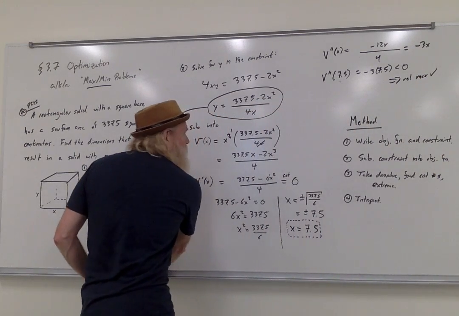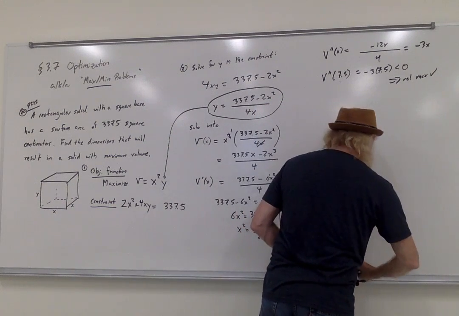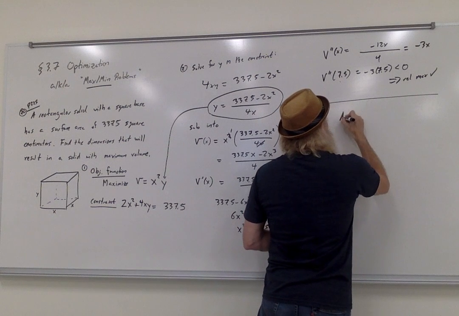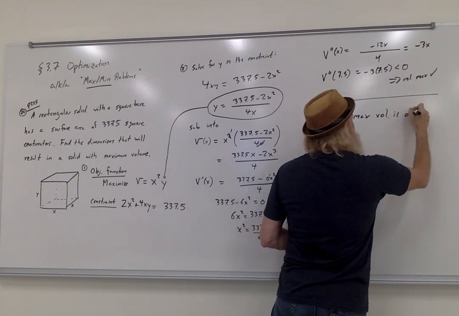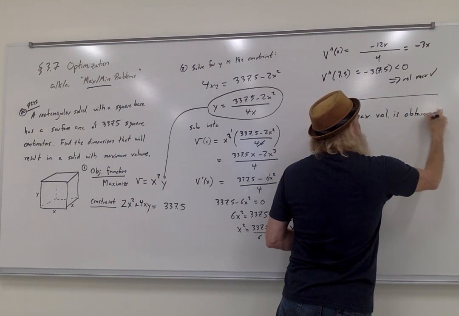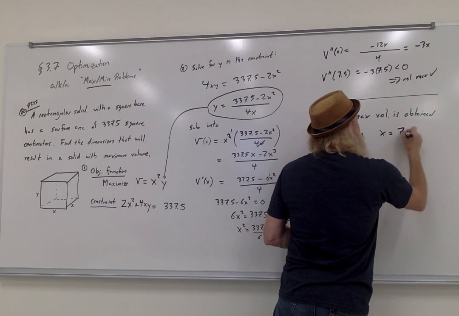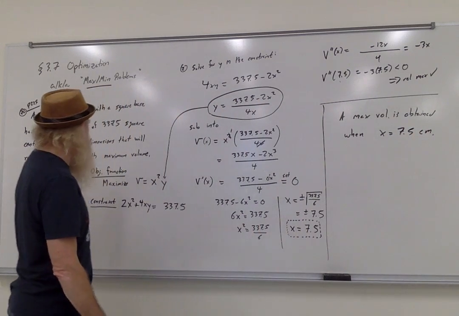So let's take care of the interpretation. A maximum volume is obtained when x is 7.5 centimeters. Remember to use the units.